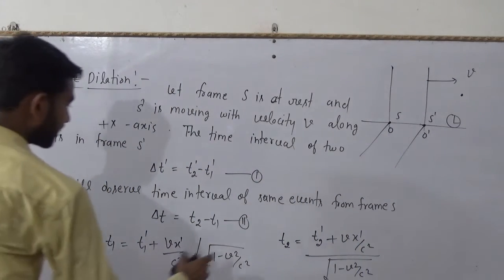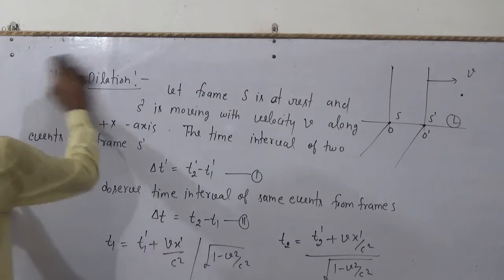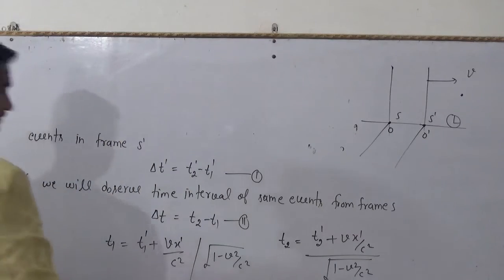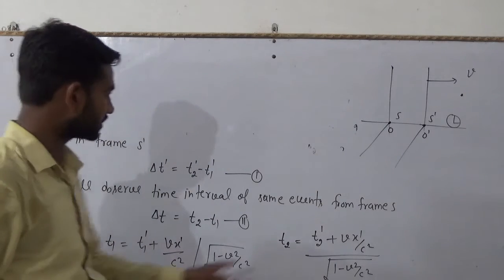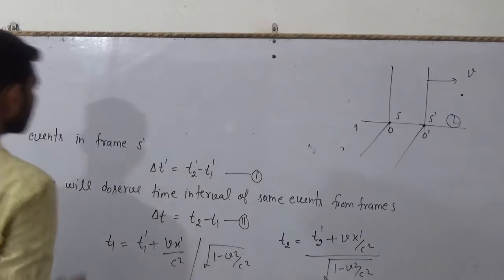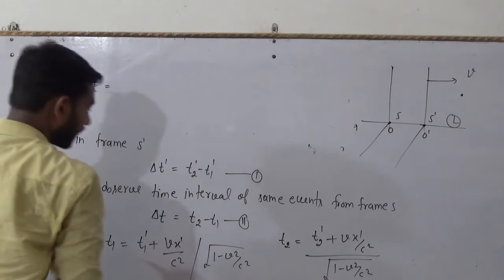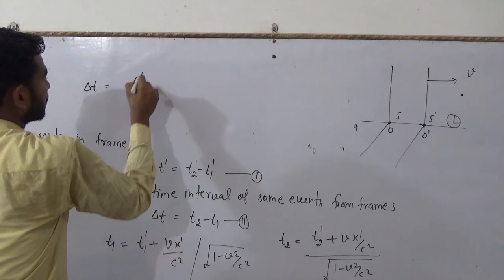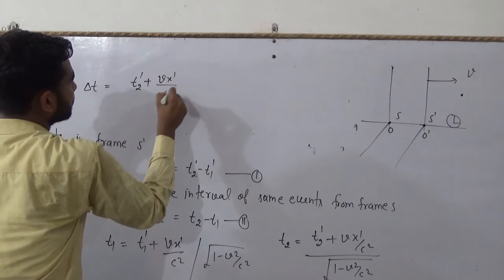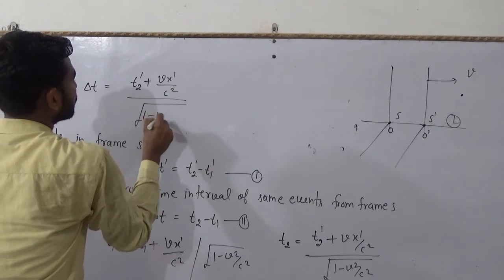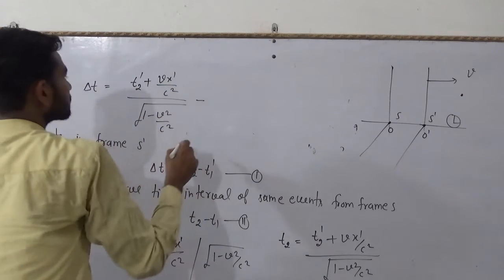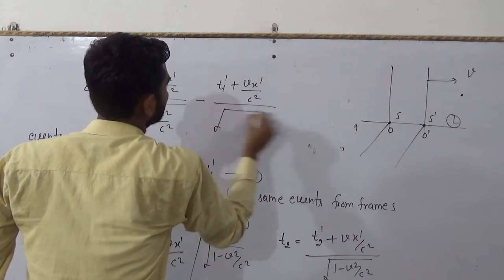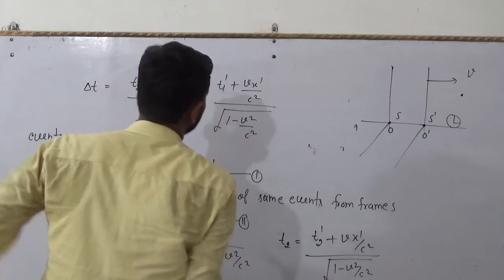If we place this value in equation number 2, then what will we get here? If we place the value of T1 and T2 in equation number 2, then we will find del T is equal to T2 minus T1. So T2 dash plus Vx dash by c square upon under root 1 minus V square by c square, minus T1 dash plus Vx dash by c square upon under root 1 minus V square by c square.